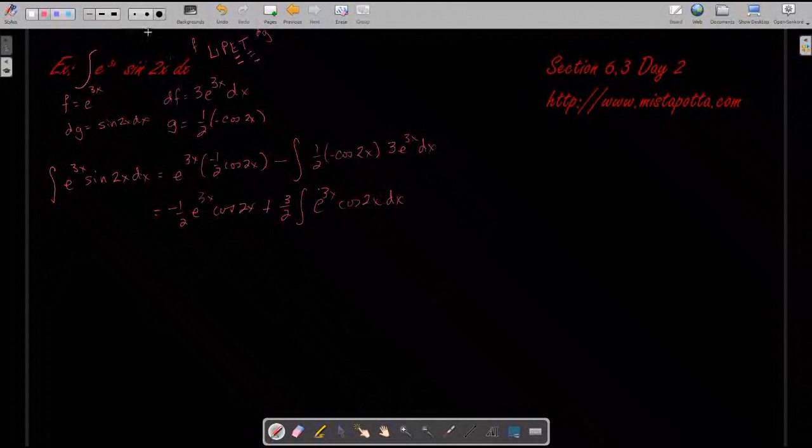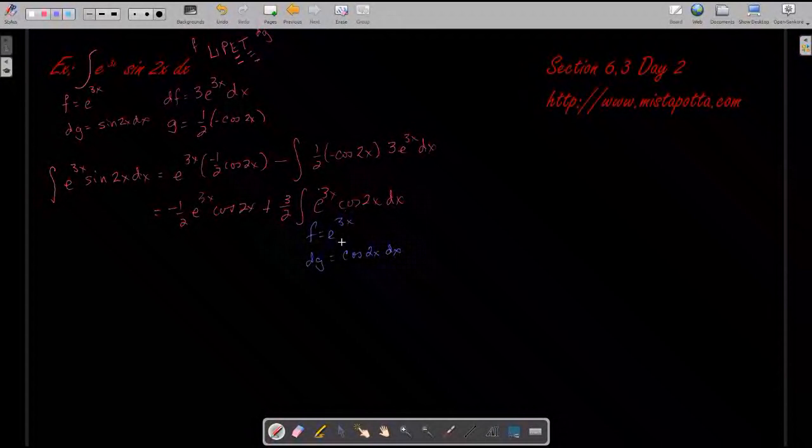And I'm going to have to do this again. So I'm going to do this in a different color. So f is going to be my exponential, and dg is my trigonometric function, cosine 2x dx.